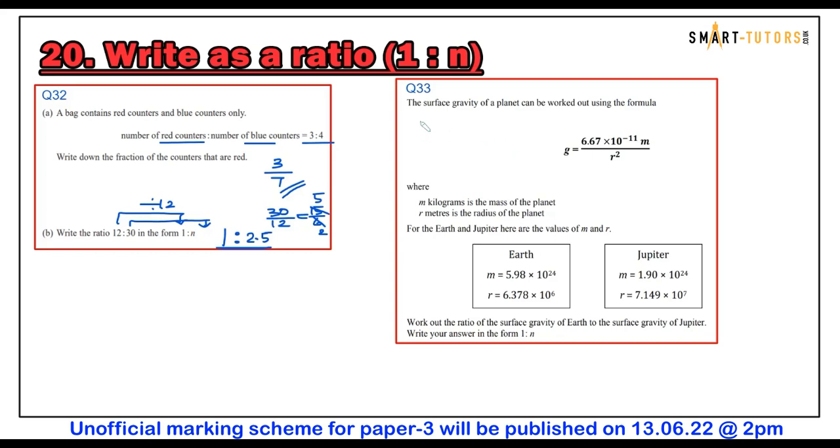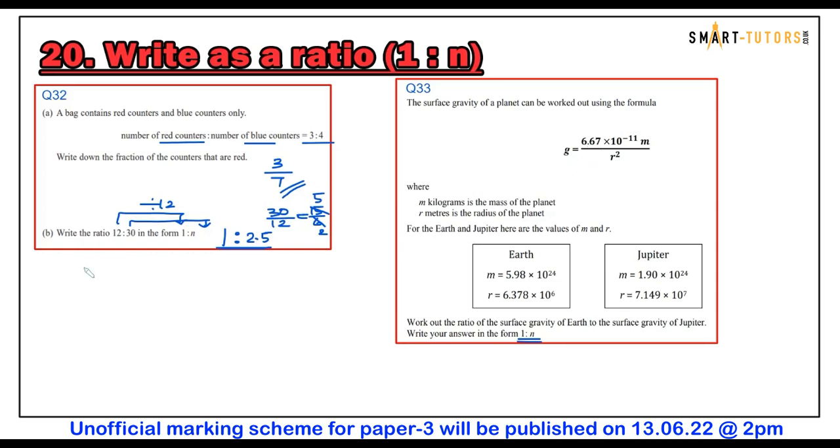Question number 33, if you read the question, the final sentence they're asking for is to work out the ratio of the surface gravity of the Earth to the surface gravity of Jupiter. Write your answer in the 1:n format. The reason why in the advanced information they mention 1:n is coming is that this could be an equation related question. So for example, we will practice with this question. There are two planets, and the gravity is compared, Earth and Jupiter. The formula is G equals 6.67.